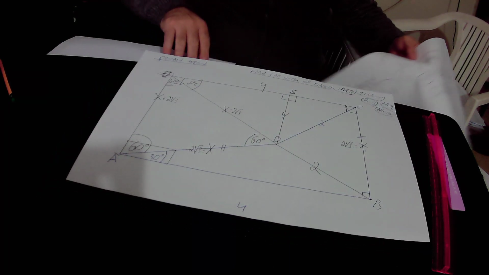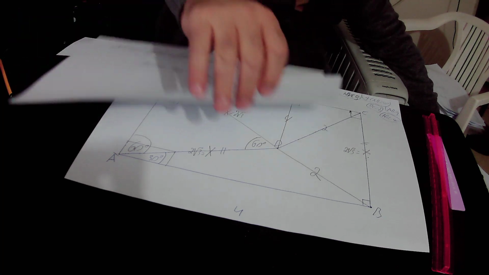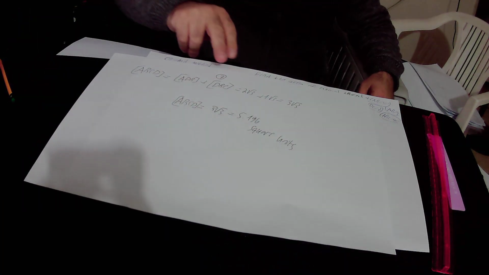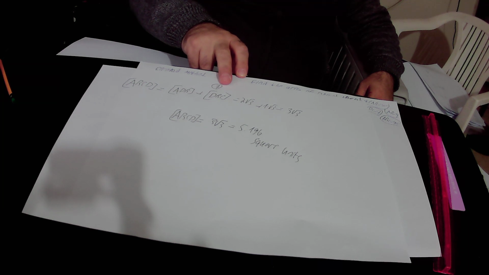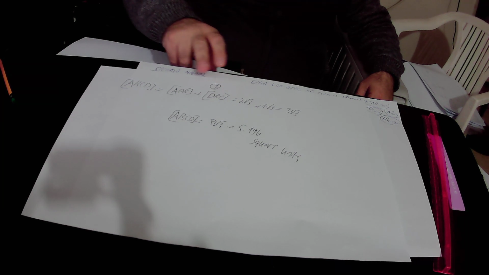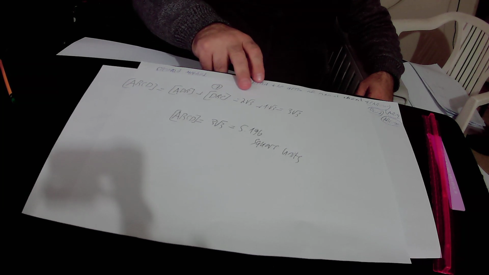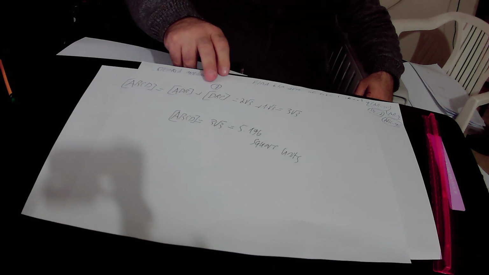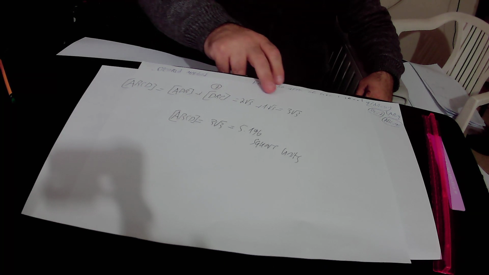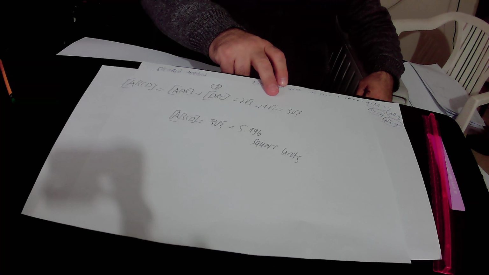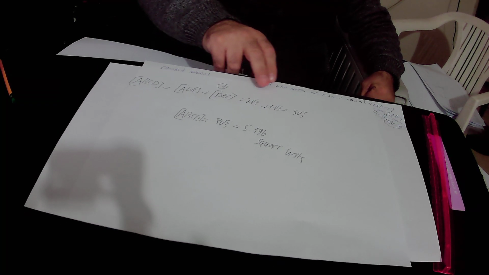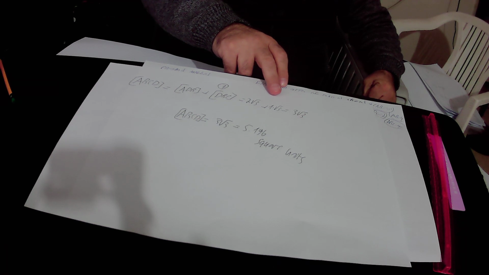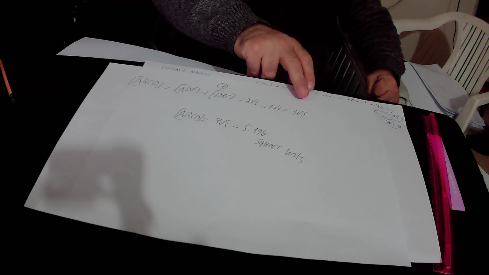The area of quadrilateral ABCD equals the area of triangle ADB plus the area of triangle DBC. The area of triangle ADB equals 2 times square root of 3 units. The area of triangle DBC equals 1 times square root of 3 units. And 2 times square root of 3 units plus 1 times square root of 3 units equals 3 times square root of 3 units.